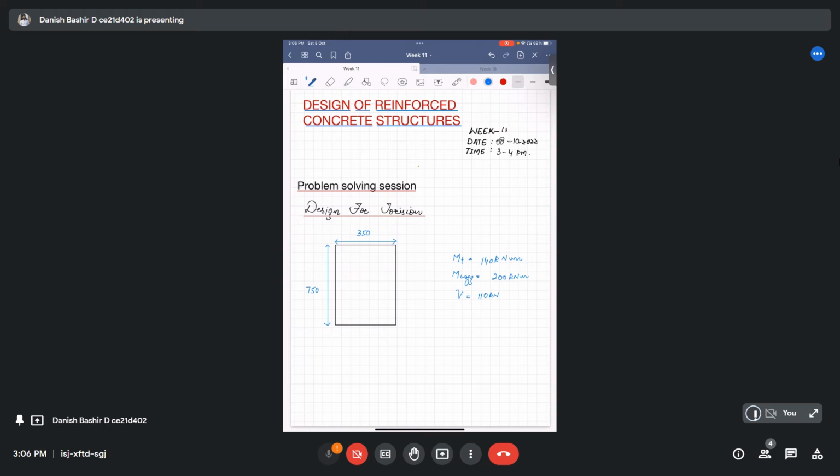We are using M25 grade concrete and Fe415 steel. This is the information that has been provided.